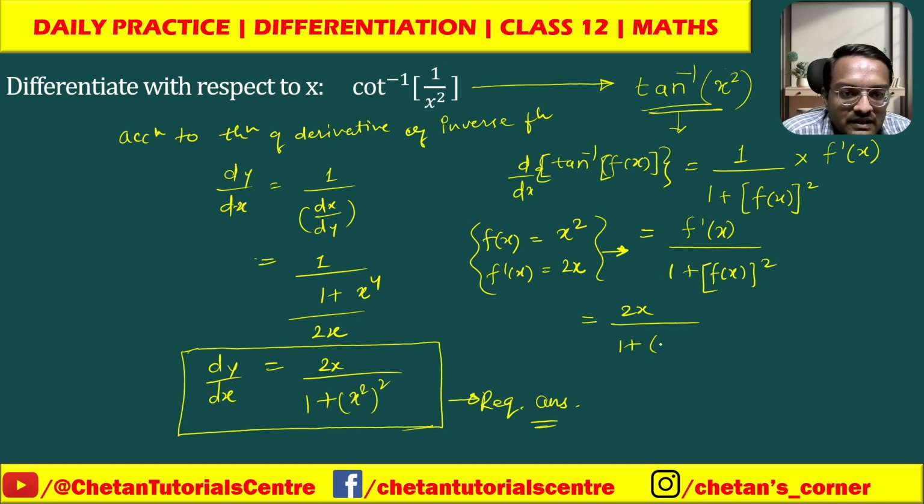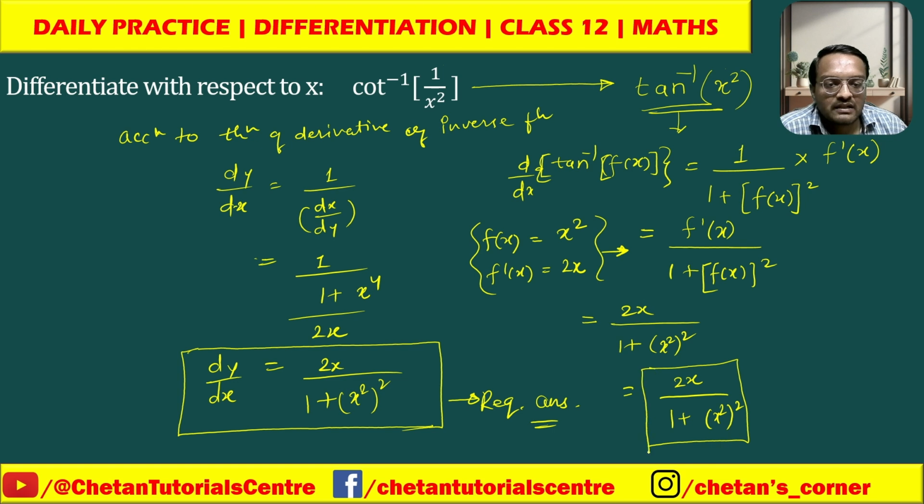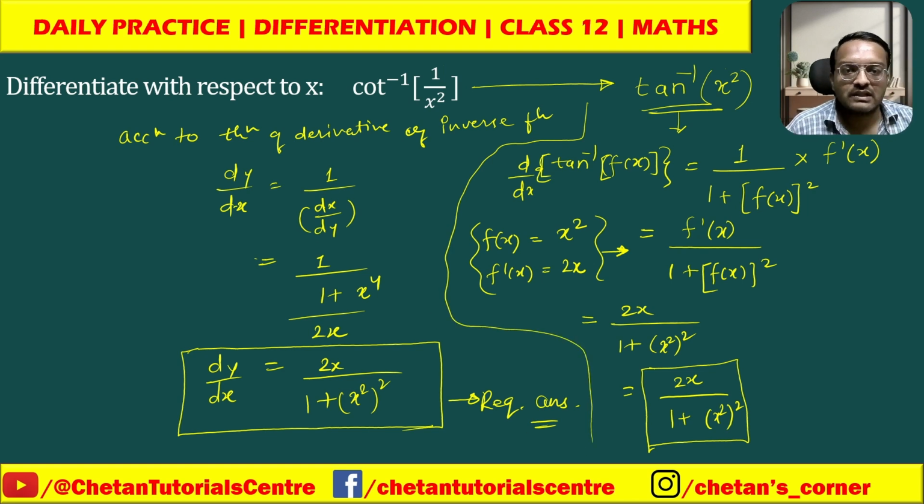F of x is x square and its square is x square bracket square. So on simplifying this, what I will get, 2x upon 1 plus x square bracket square. So this is the required answer that we have obtained using this shortcut method or by using the direct formula. I hope you have understood both the methods.